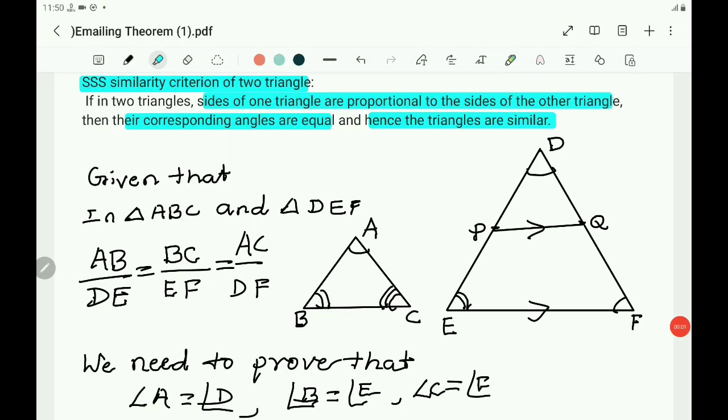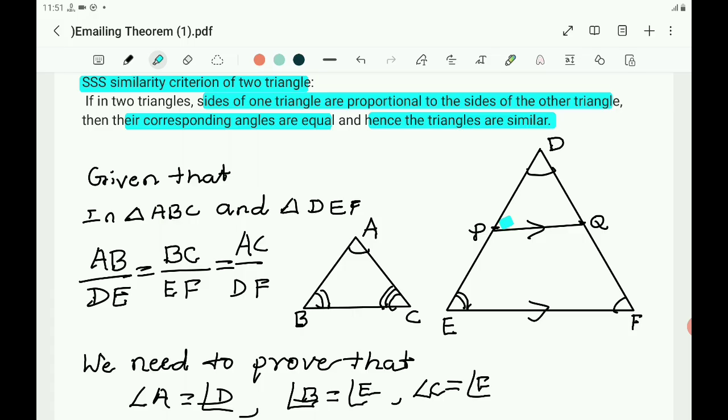We proved that PQ is parallel to EF and DE is a transversal of the parallel lines, and we know that corresponding angles made by the transversal of parallel lines are equal.